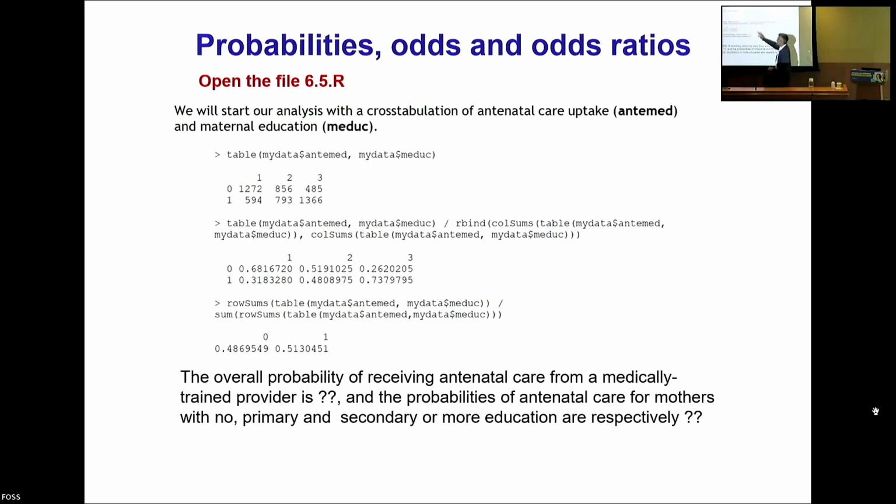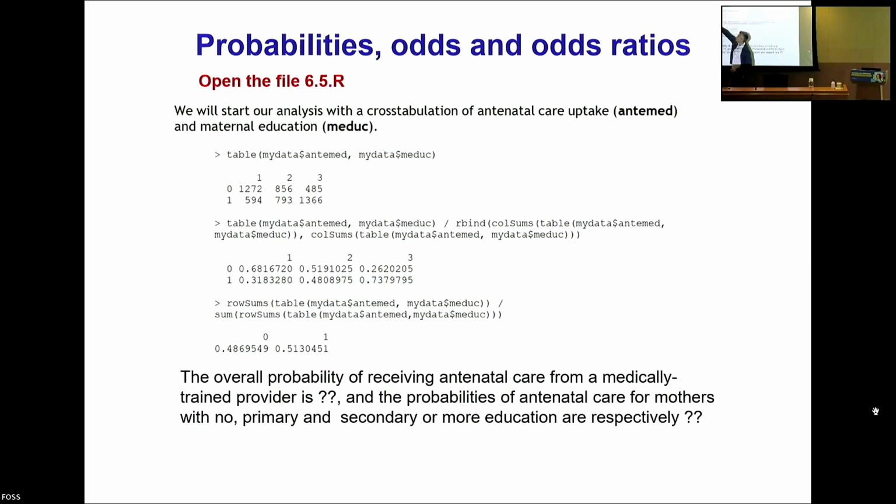These are just direct screenshots from the practical 6.5R, but it gives us a cross tabulation of antenatal medical care by mother's education. So mother's education 1, 2, 3: no education, primary education, secondary education.